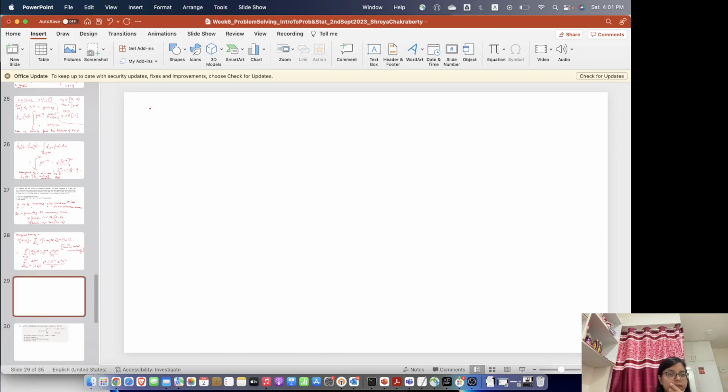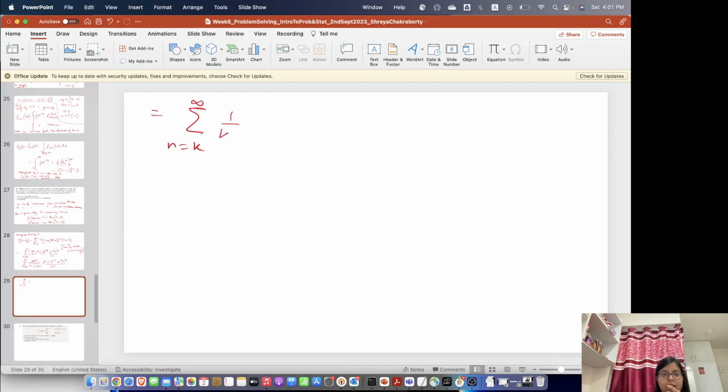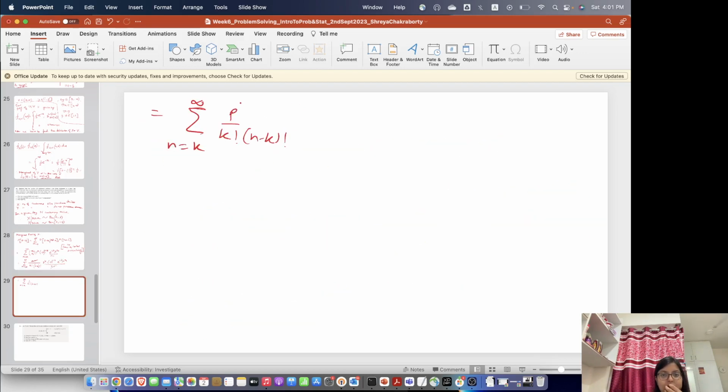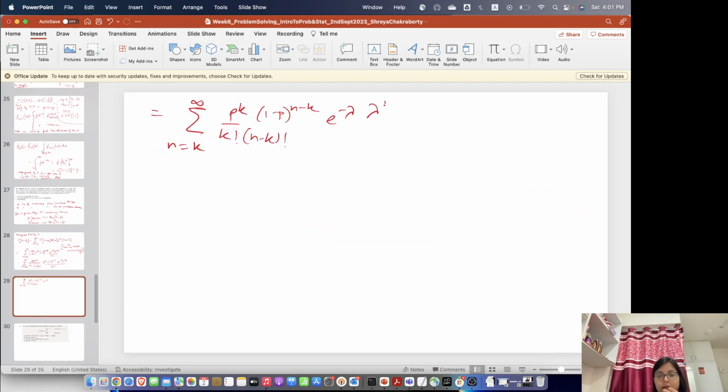So this thing we can write as summation n equal to k to infinity, 1 by k factorial, n minus k factorial into p to the power k, 1 minus p to the power n minus k, e to the power minus lambda, lambda to the power n. Okay, so we can take the k terms without involving n out.